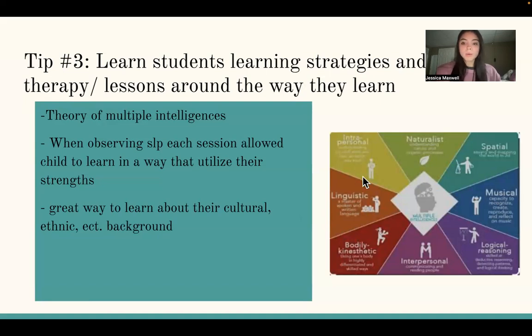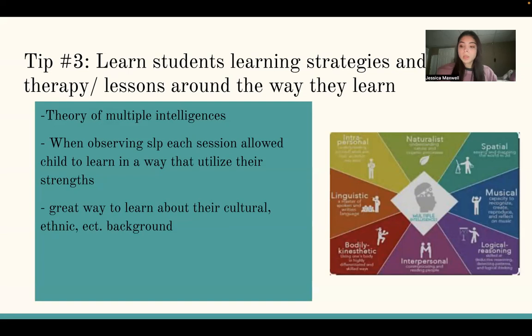And when you learn about what kind of way they learn, it's not just which intelligence they fall under, what their strengths and weaknesses are mentally, but also it's a great way to learn about their cultural and ethnic and socioeconomic background as well.